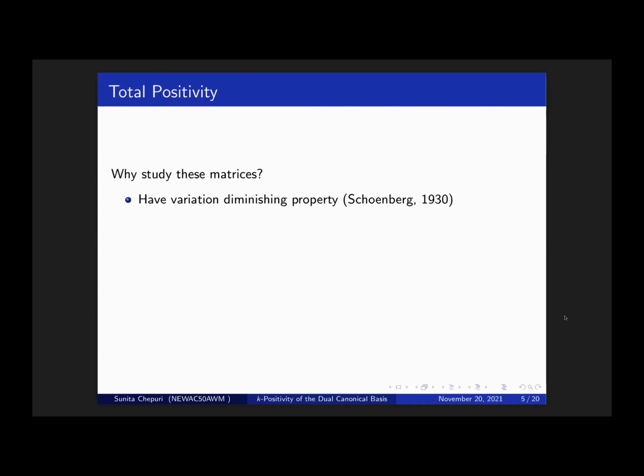The matrices he found with this property were these totally positive matrices. And then completely separately, at around the same time, they also came up when Gantmacher and Krein were looking at various matrices that had good spectral properties. They found that if you have an n by n totally positive matrix, it has n distinct real eigenvalues. So these works were completely independent, but they came up with the same group of matrices.